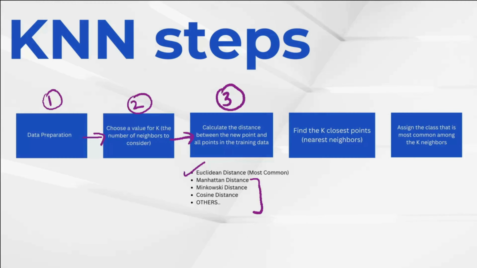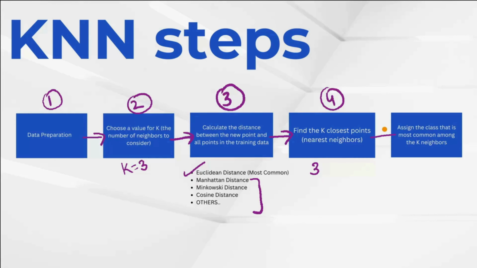Once we calculate the distance, we move to the next part, which is to find the k closest points. So if in step number 2, I identified that k is going to be 3, I find the k closest points, or basically from the Euclidean distance, the 3 shortest distances.